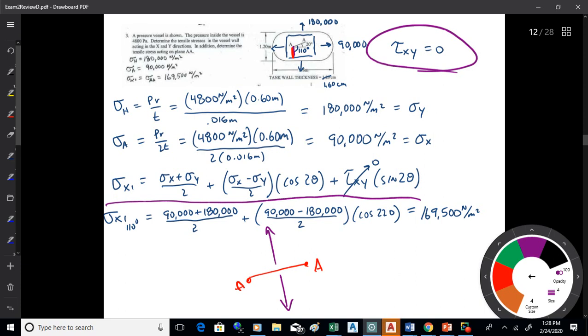Think of just tearing it apart that way. That's what the tensile stress does. So that's the 196,500 newtons per meter squared. That's how it acts, okay? It's normal to that plane. You good with that? Okay. Good.